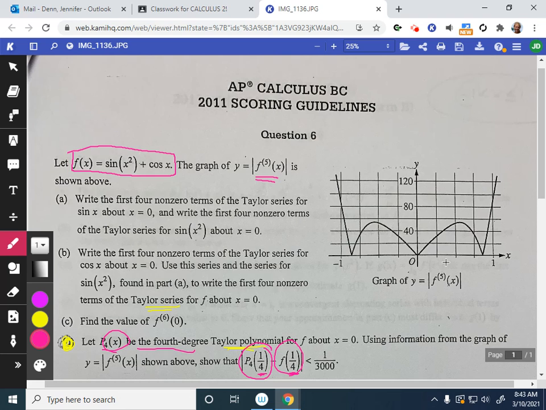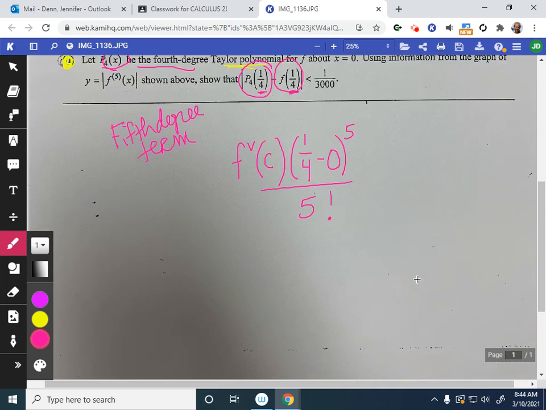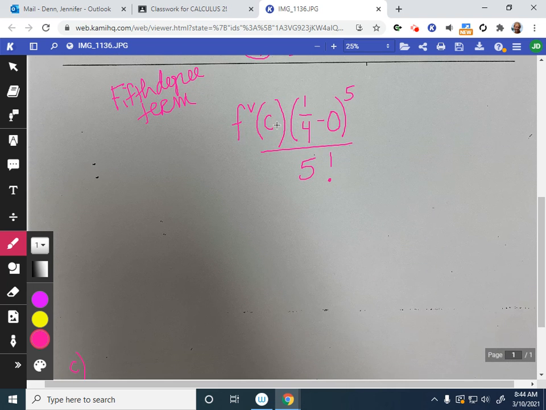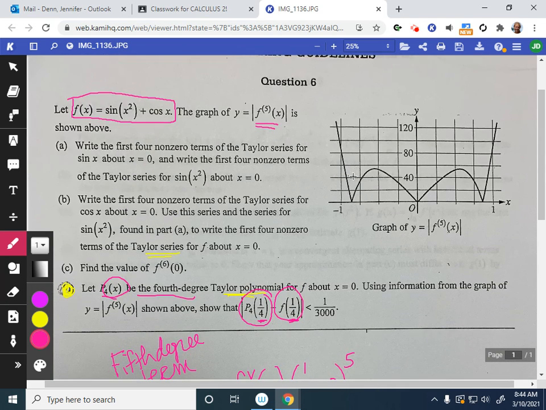They tell me that the number 40 should go in for the 5th derivative of f. Why 40? The number that you plug in for this should be the biggest number that the derivative could be. Well, the biggest number that the derivative could be at 1/4 is not 40, it's like 38.